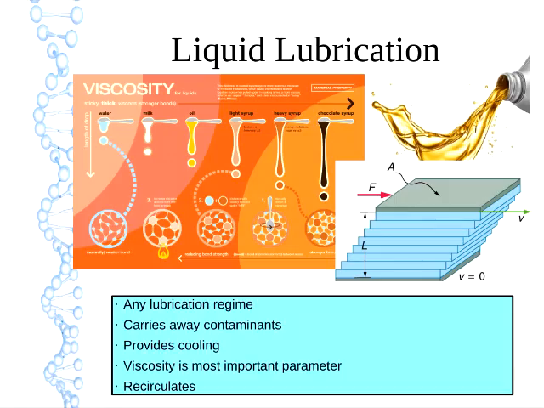And then we've got liquid lubrication. Again, can be in any lubrication regime, although it doesn't work as well for boundary. The additives in it can be very helpful for boundary. It can carry away contaminants. It also provides cooling. And the viscosity is the most important parameter. Typically, it's going to be recirculating in an application.